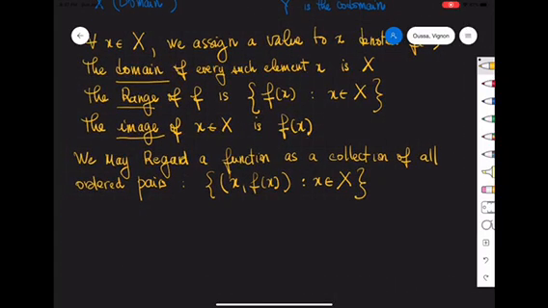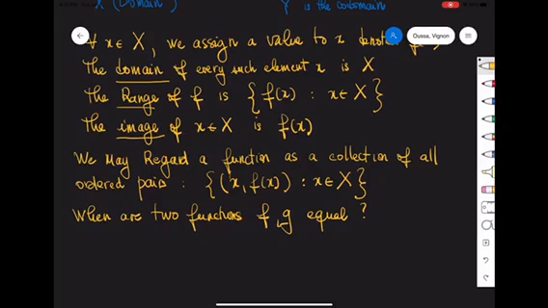Now, when do we say that two functions are equal? When two functions, say f and g, are equal.